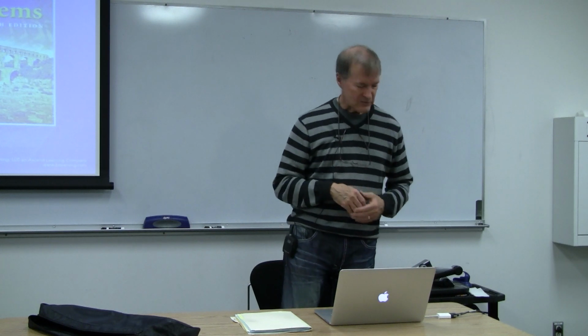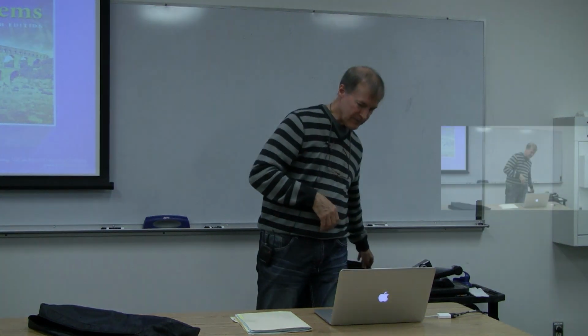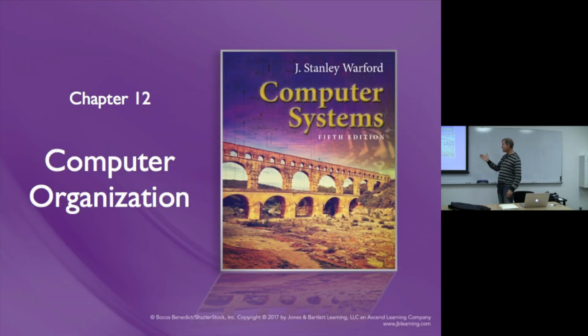All right. So with that in mind, we're going to start with computer organization. The word computer organization in computer science or in computer systems means the organization of the CPU.